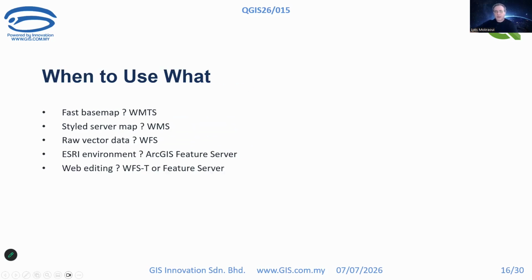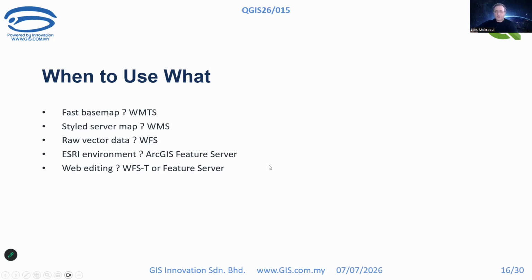WMTS is for fast base maps. WMS is for styled server maps. But remember, it's always images that you are getting back. It is not the features. WFS is for raw vector data. ArcGIS Feature Server is the same as a WFS. And then for web editing, you can just use WFS-T or the ArcGIS Feature Server.